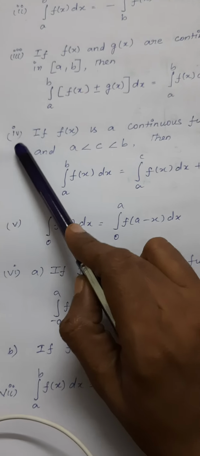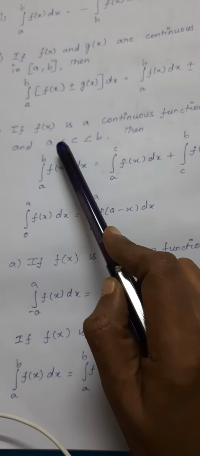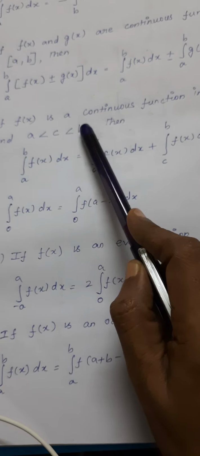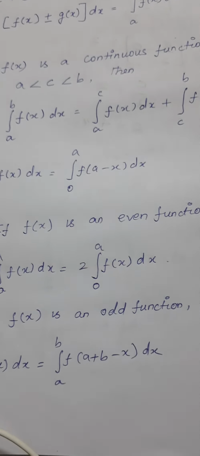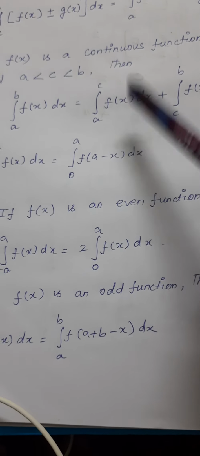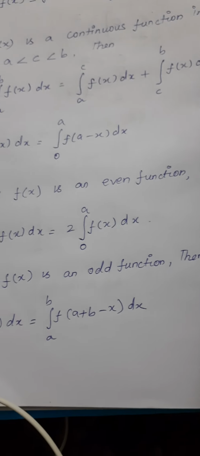Then the fourth one, if f of x is a continuous function in closed interval a to b and a is less than c less than b, then integral a to b f of x dx can be written as integral a to c f of x dx plus integral c to b f of x dx.